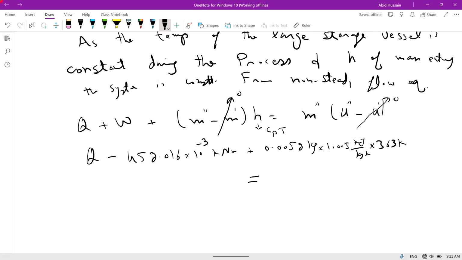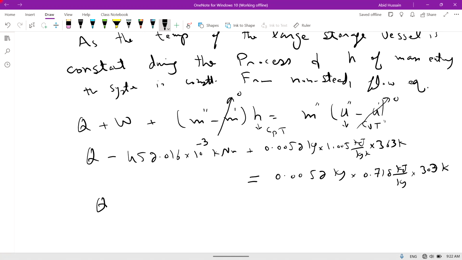This is equal to m double dash u double dash. U double dash is equal to Cv T double dash. So m double dash, the final mass, is 0.0052 kg, and the value of Cv for air is 0.718 kilojoule per kg per Kelvin, and the final temperature of the cylinder T double dash is 303 Kelvin.